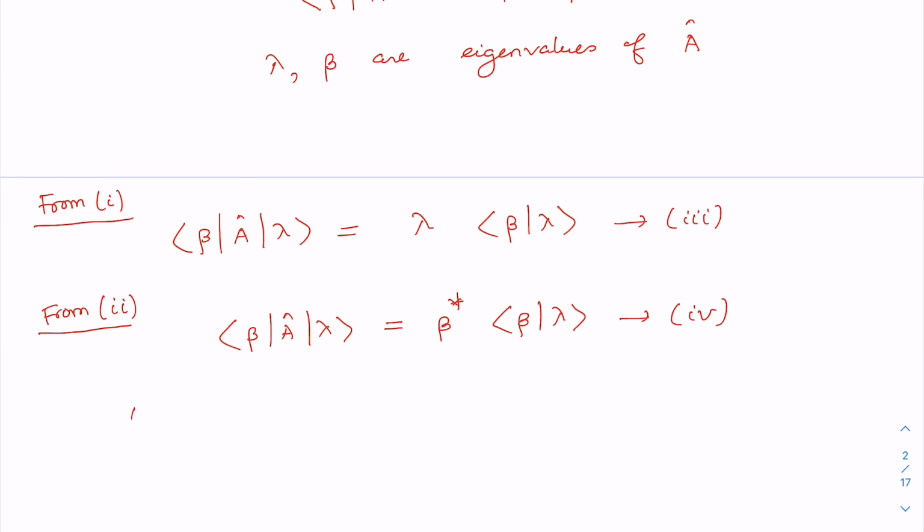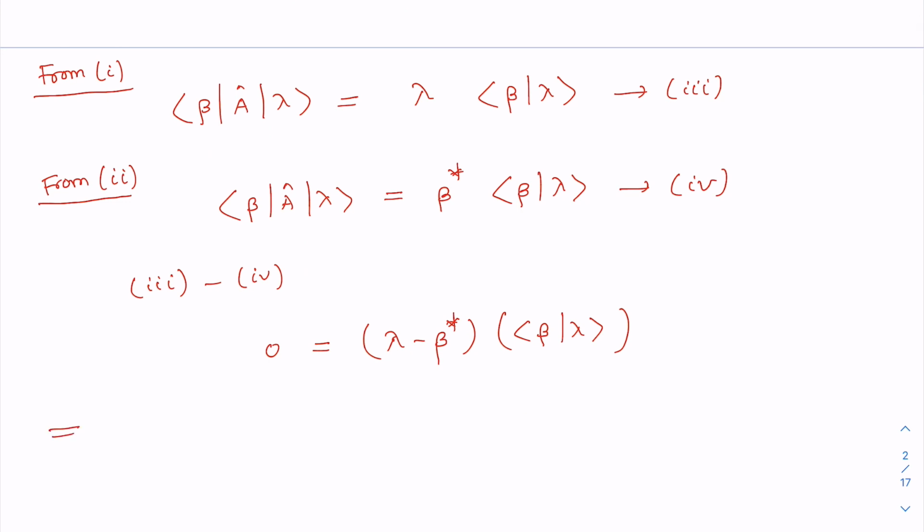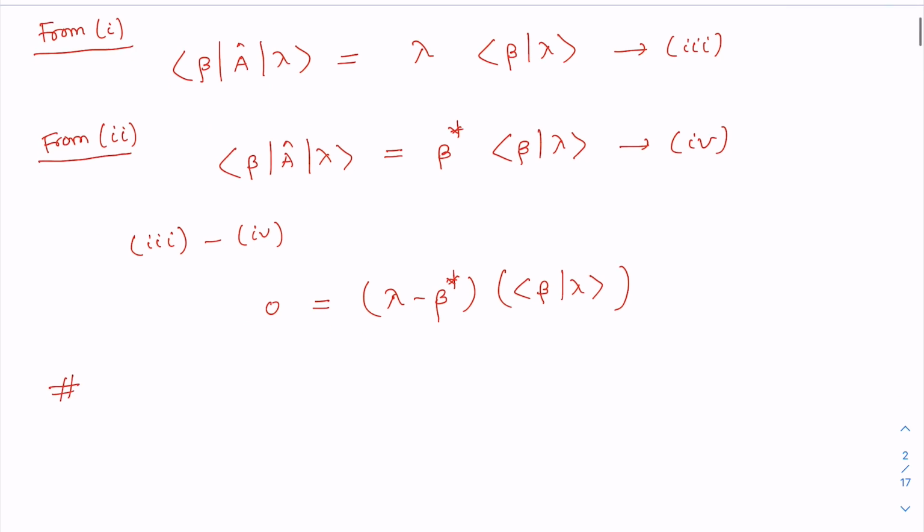Now if I subtract equation 4 from 3, then you see on the left hand side I will get 0, and I will have (lambda minus beta star) times the scalar product of beta and lambda. Now let me consider two cases.